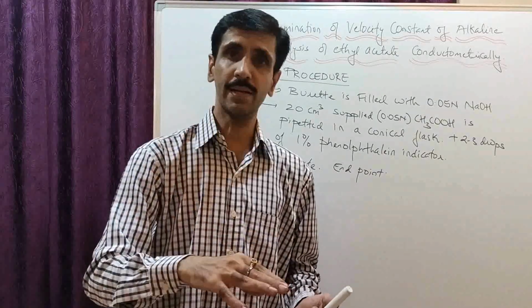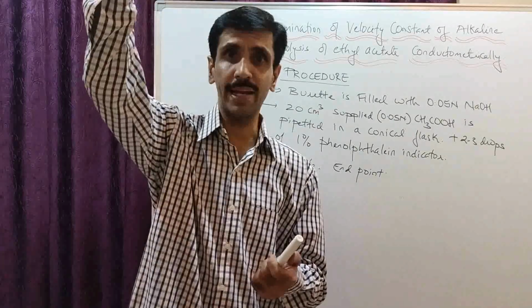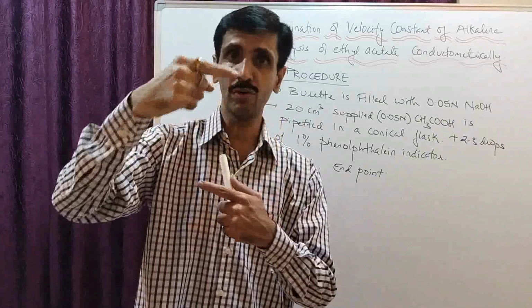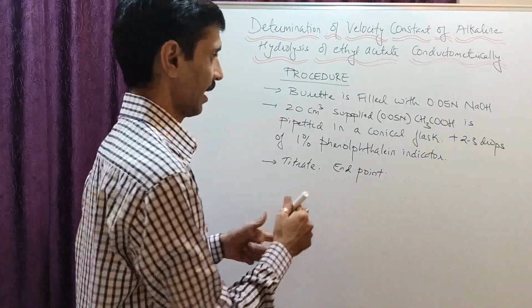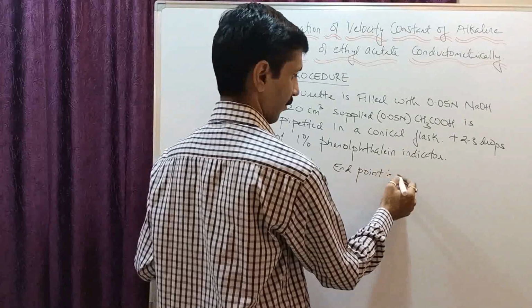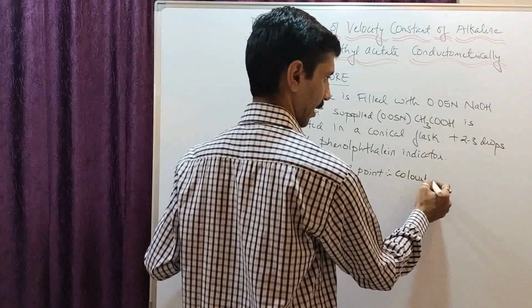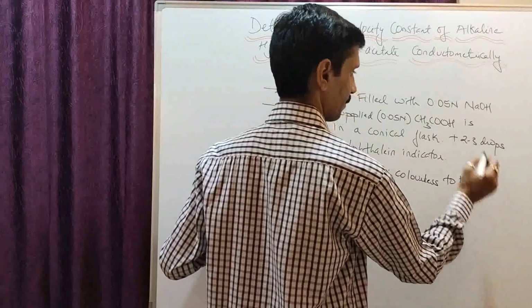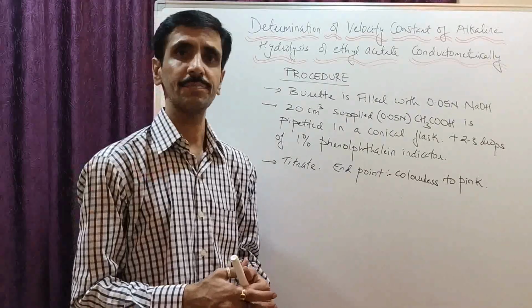In the basic medium it is going to show very high sensitivity, and therefore when I add NaOH from the burette, which is a base, it will respond with a color change. So we say the end point will be: phenolphthalein is colorless in the acidic medium, so it remains colorless, and the change is colorless to pink. Okay, this is going to be the end point.